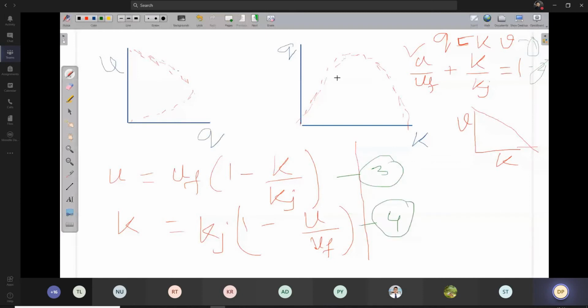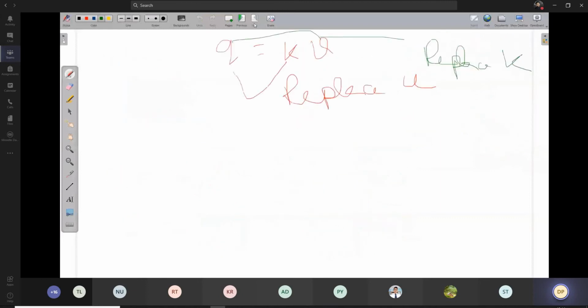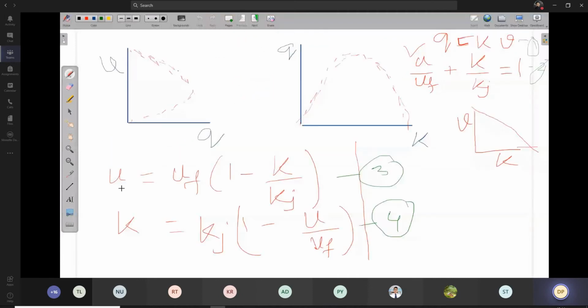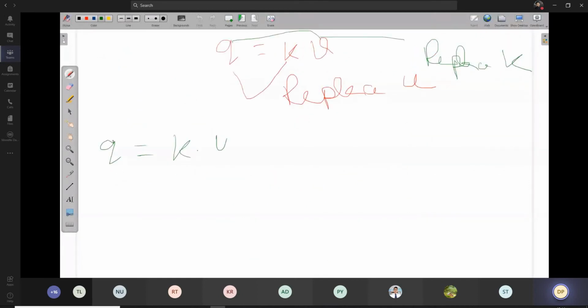To find the speed-flow relationship, replace K. From equation 1, Q equal to K into U. What is U? U equal to Uf into 1 minus K divided by Kj.